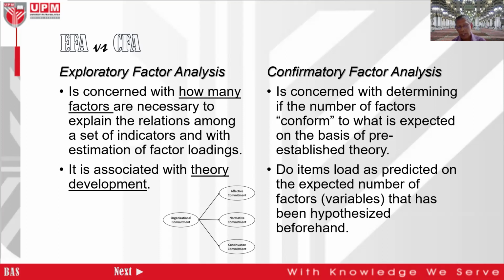And third is the Monte Carlo parallel analysis. Or you can proceed to a fourth method: you yourself as the researcher can force EFA to come out with a set number of factors to be extracted. That will be the last option.